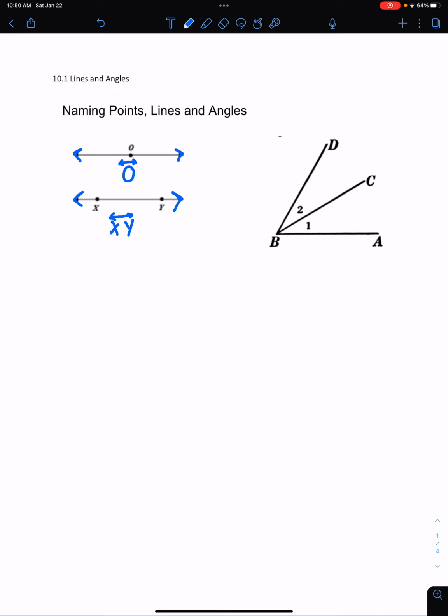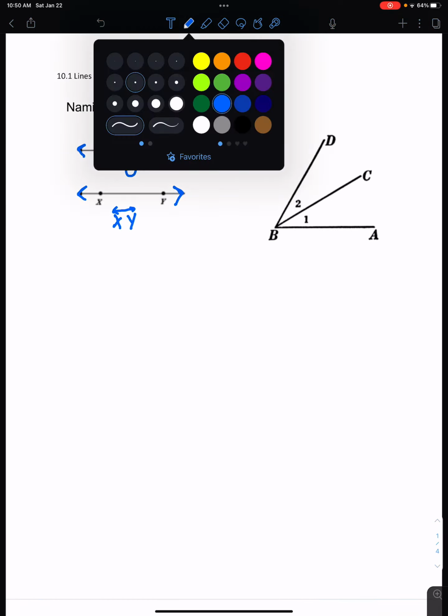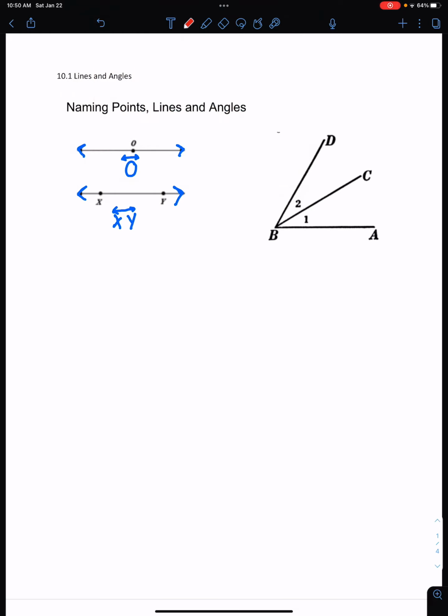Now, something else, we could also say that there is a line segment represented here. And that is just all the points between X and Y. And this line segment has endpoints at X and Y and does not go on infinitely.